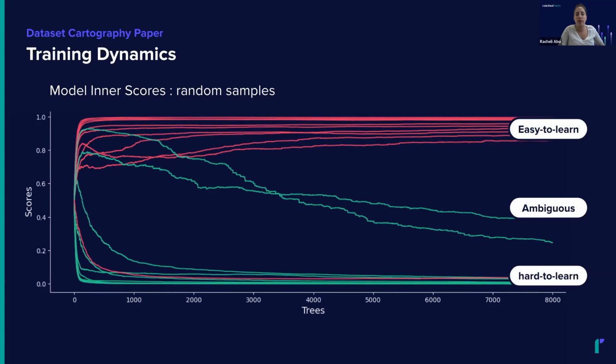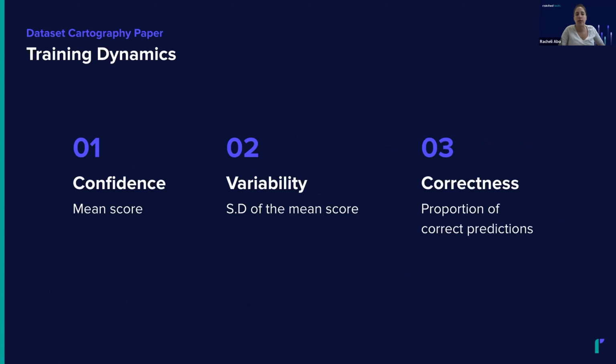So here we have our training dynamics-based metrics, three metrics that we will calculate for each and every sample in our training set. First metric is confidence, or the mean score. Again, we are calculating the mean score for each and every sample. Second metric is called variability, or the squared standard deviation of this mean score. And the third metric we call correctness.